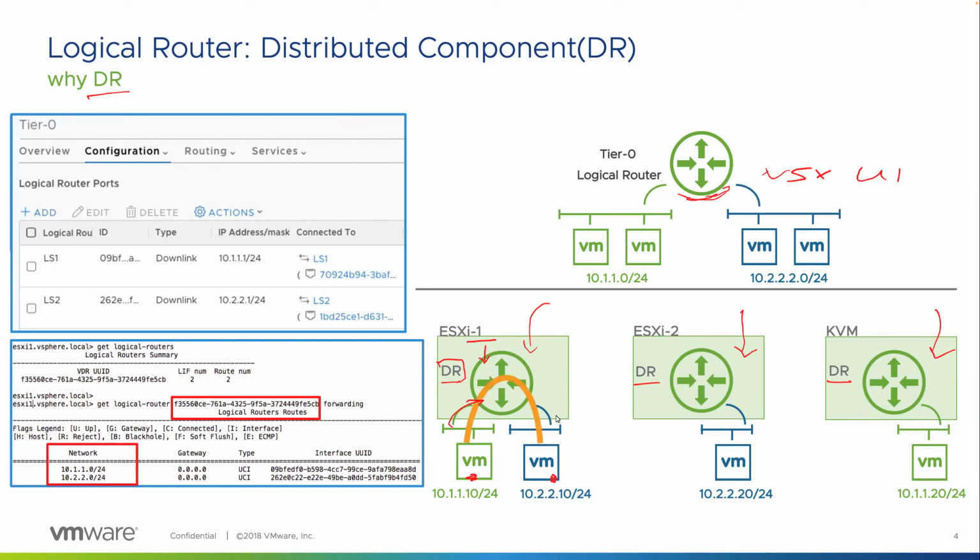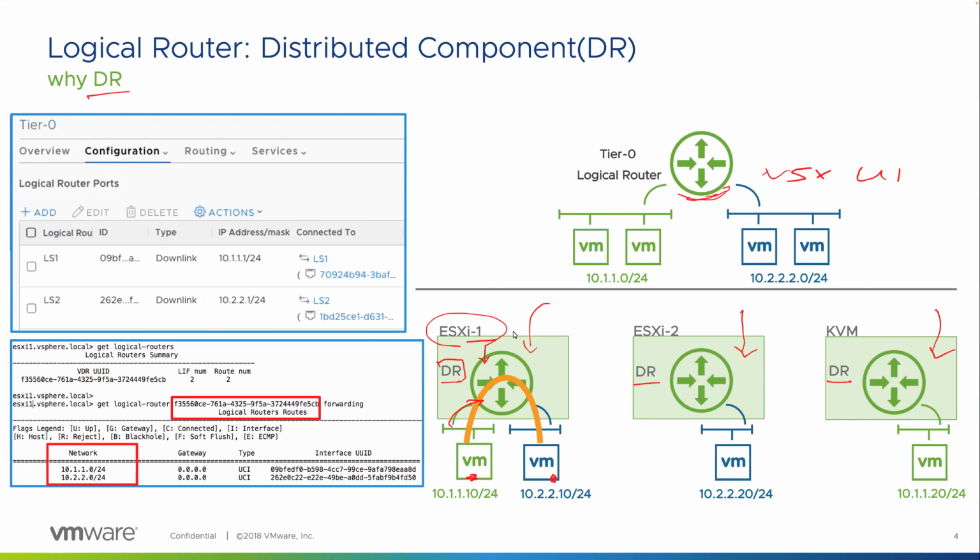Then the traffic is directed to the blue one locally. I think you notice that all traffic stays locally within the ESXi1 host.